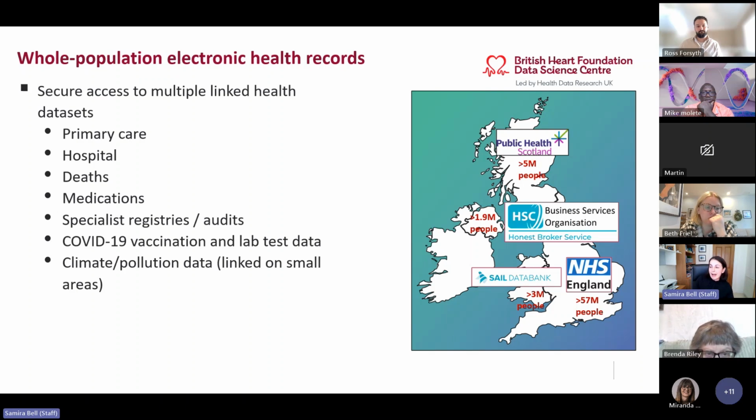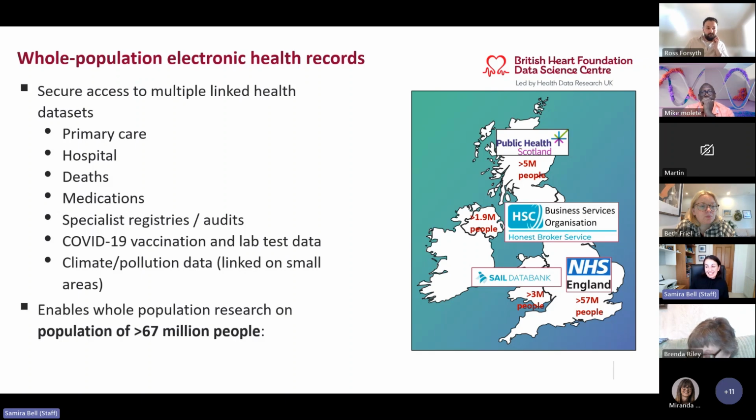These are accessed through what's called trusted research environments, so secure spaces where the linked data for all these routinely collected data sets like GP, hospital records, medications, vaccination are all linked together, and researchers can access these data to carry out research projects. It allows us to do research on a population of over 67 million, so you can imagine how impactful the research that can be generated from this resource is.